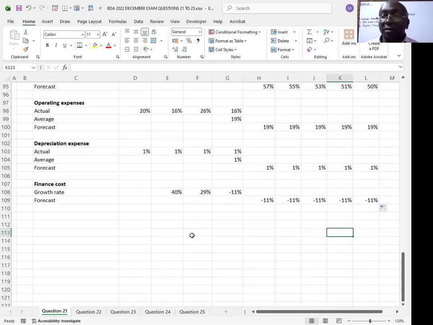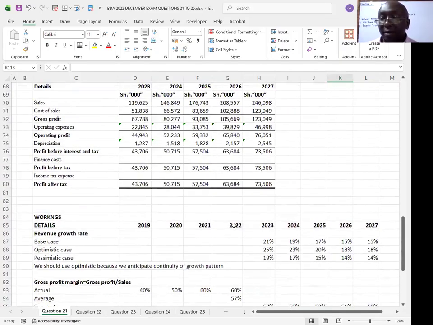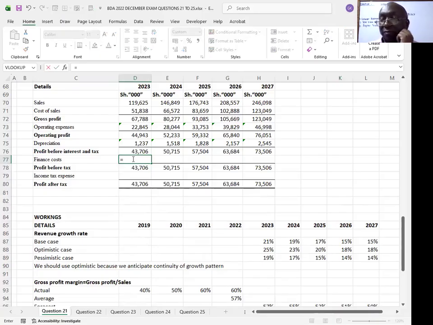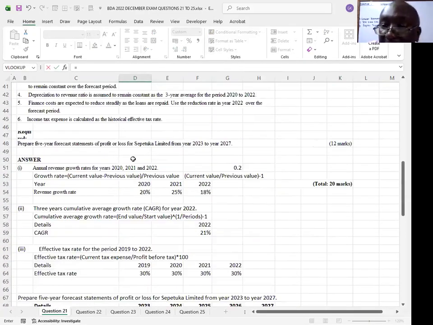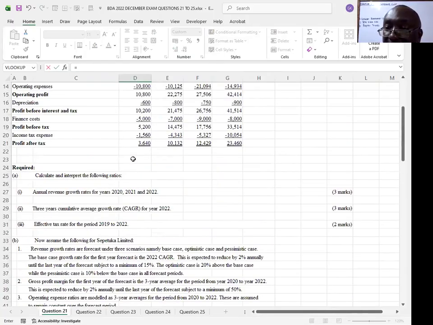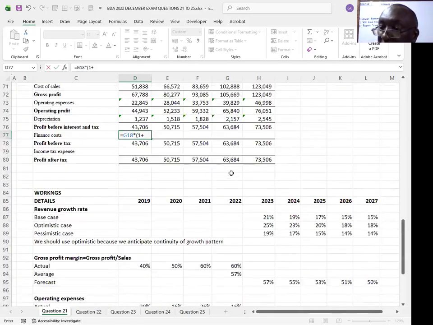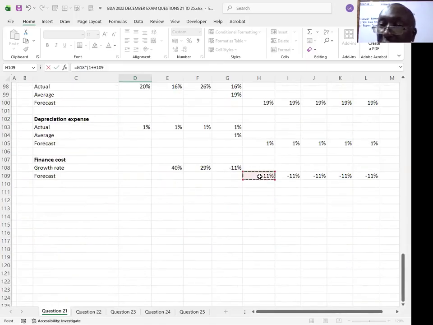When you autofill, unakuja hapa kwa finance, unasema equals, you take the previous one, hii yenye ilikuwa hapa, take it just the way it is, minus 8 times, open the brackets, 1 plus, you take this decline rate, and then you close the brackets.